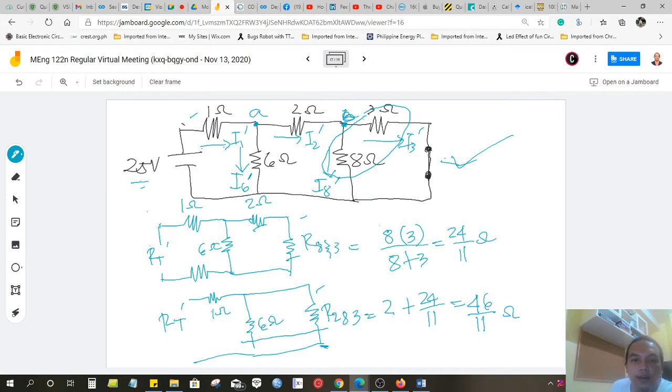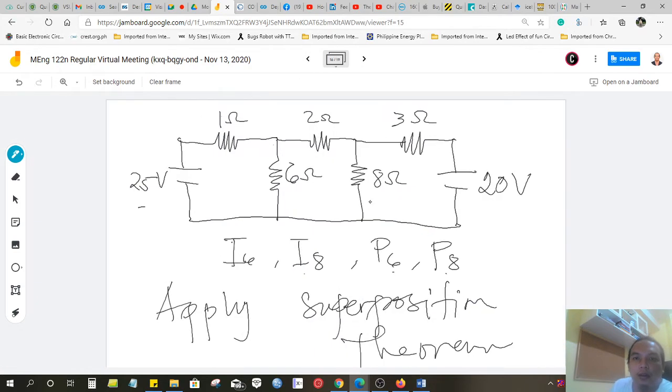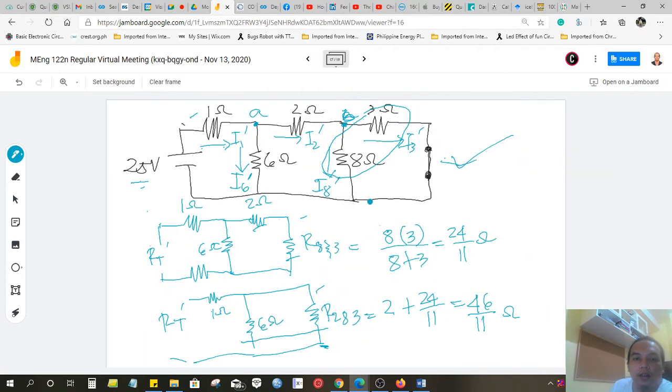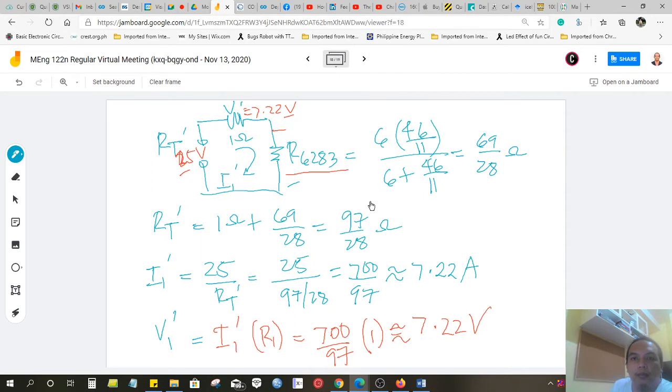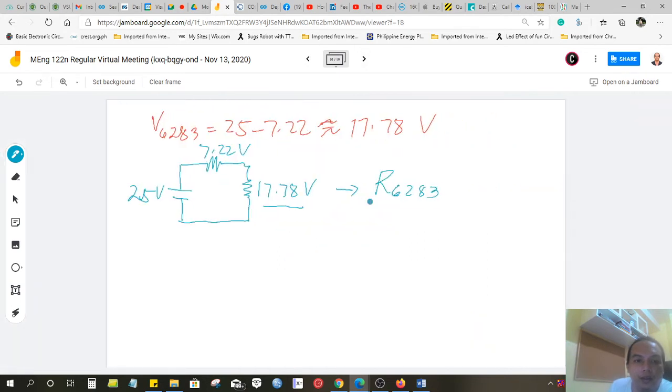Kani nga circuit, kung ato na i-redraw, kini siya. Ato to ibalik og draw.